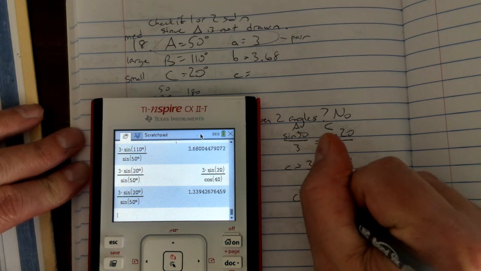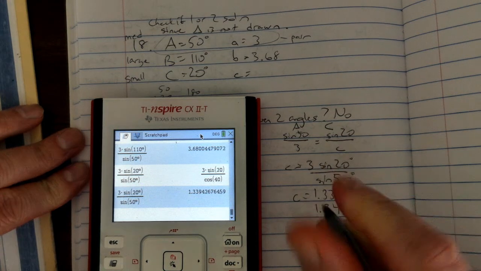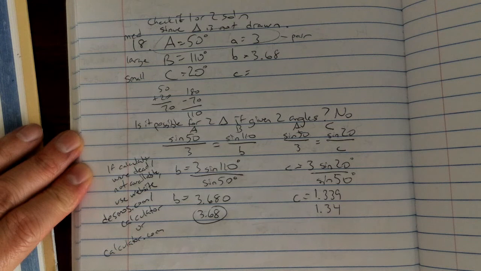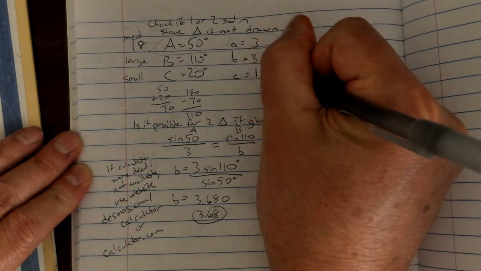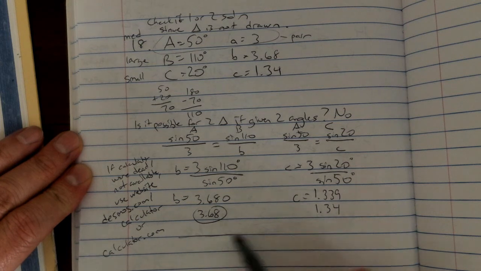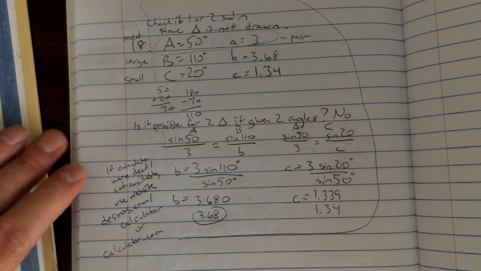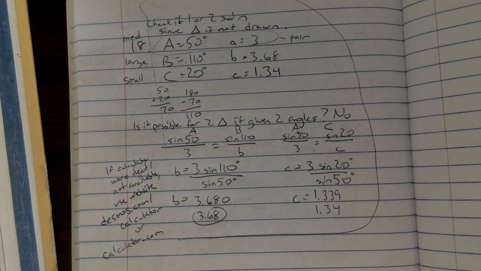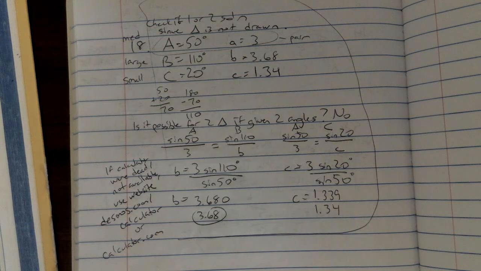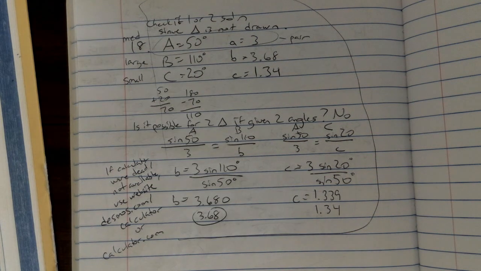We get 1.339, so 1.34. And so that'd be your problem. So 1.34 was indeed smaller than 3 because 20 degrees was smaller than 50 degrees.